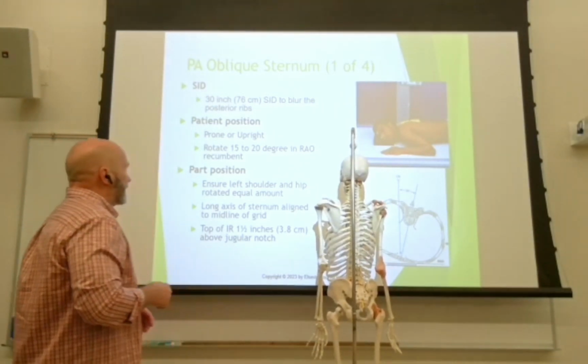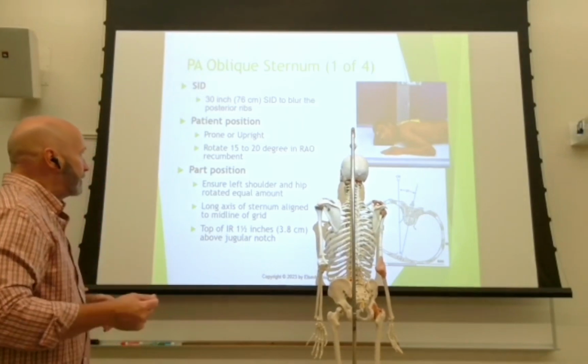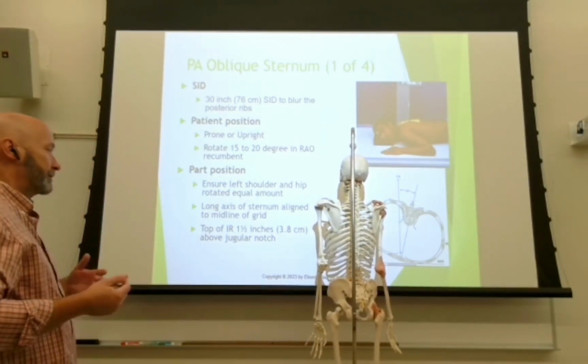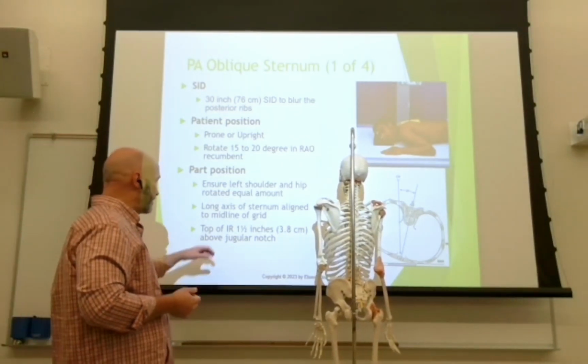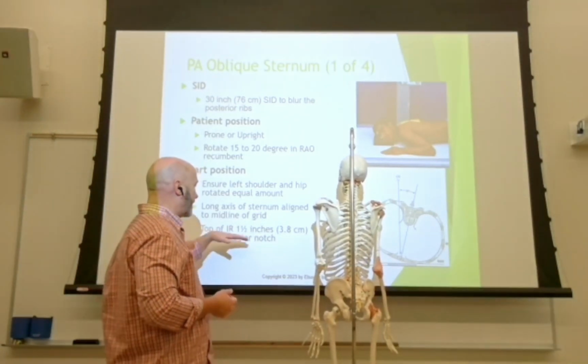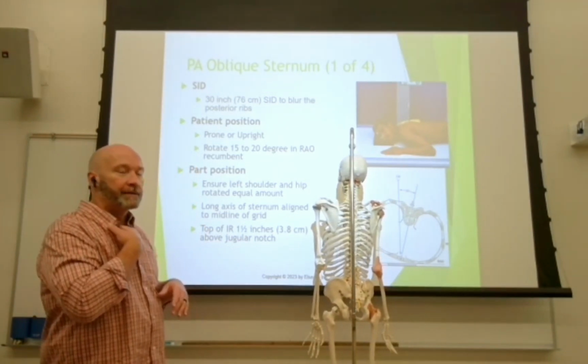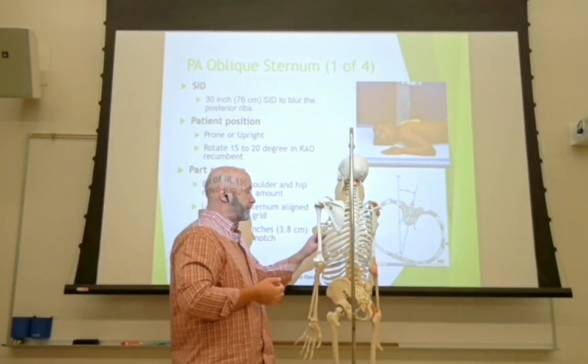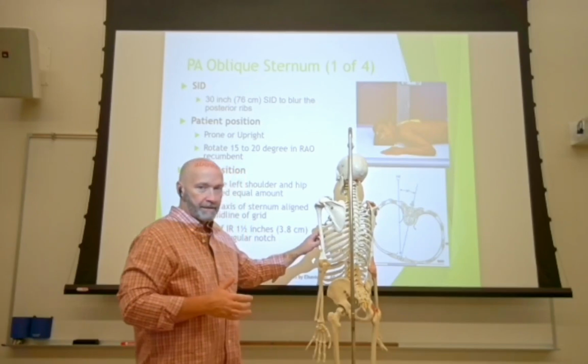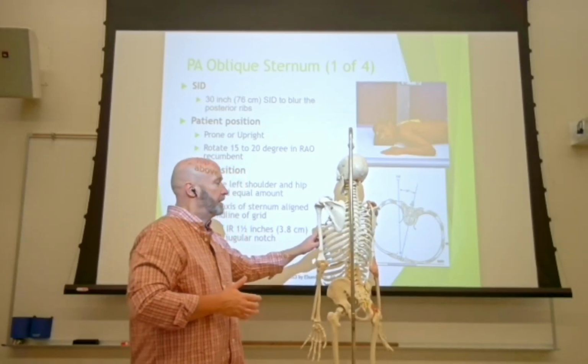So at the same time, with a 15-20 degree RAO position, make sure that the patient secures himself into position, and put the top of the image receptor about 1.5 inches above the jugular notch. So again, that's a soft tissue indentation. So you oblique the patient up, get them in a stable position, right?